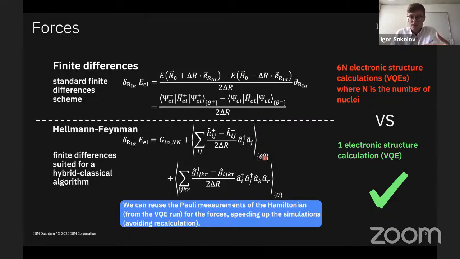So with the VQE, we compute a ground state. We have the Pauli strings, and in Hellmann-Feynman forces, we need the same Pauli strings just with different prefactors given by these differences. So we can reuse the already measured Pauli strings to compute the forces, and this with only one electronic structure calculation such as VQE.